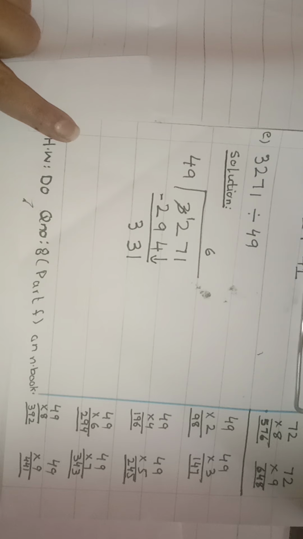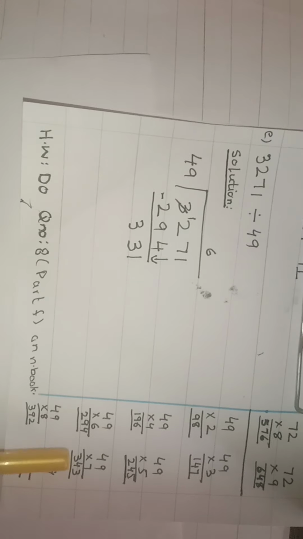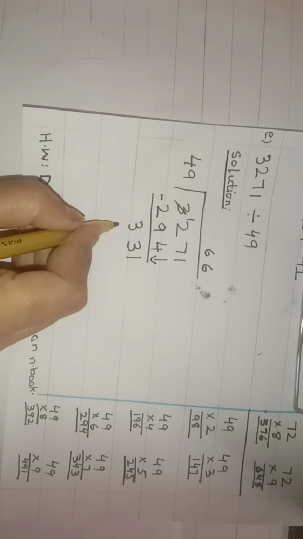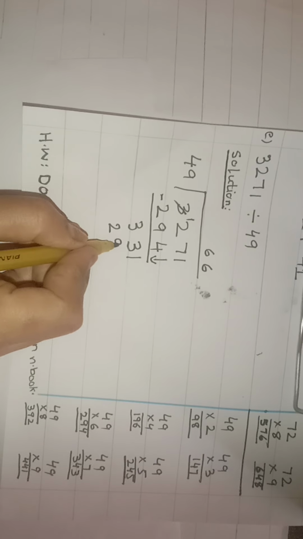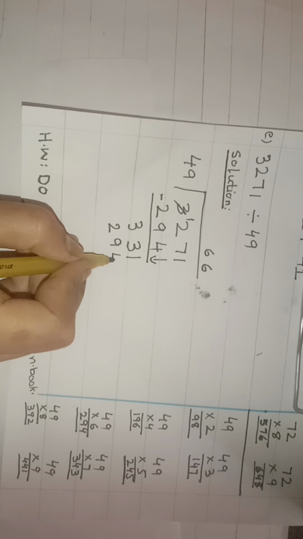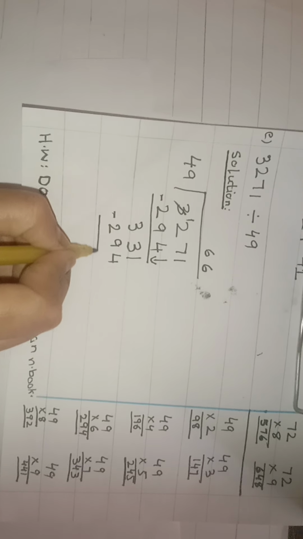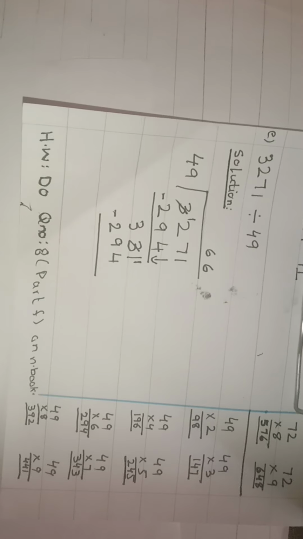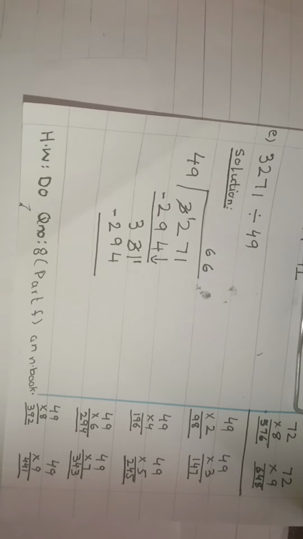Okay, let's find the number closer to 331. 49 sevens are 343, which is greater. So we will again do it with 6. 6 nines are 294. Now subtract them. 11 minus 4, 7.